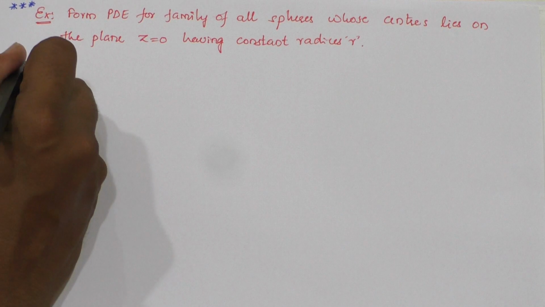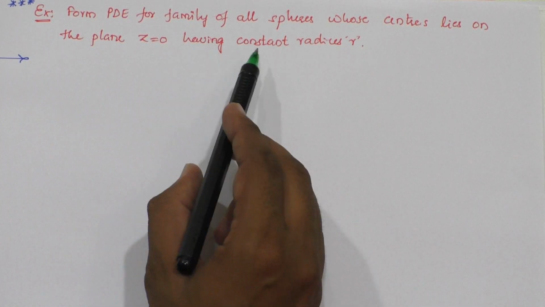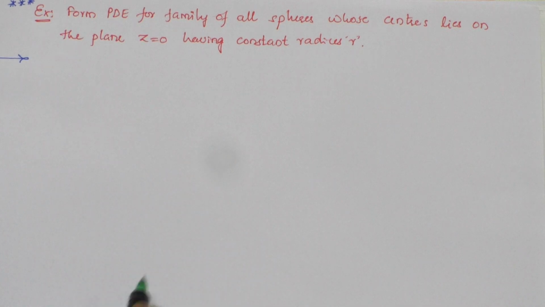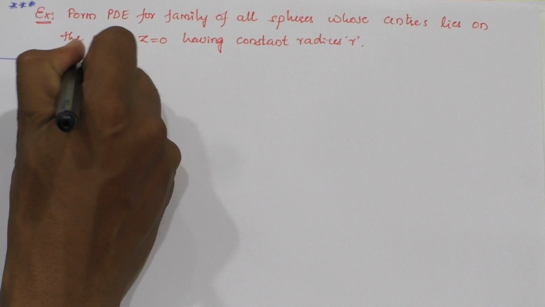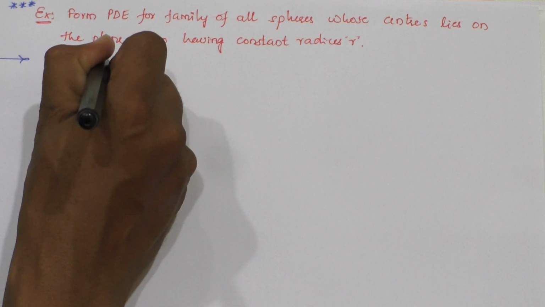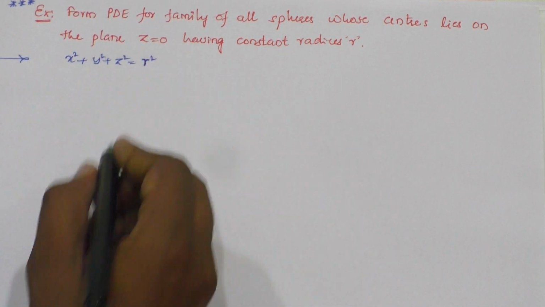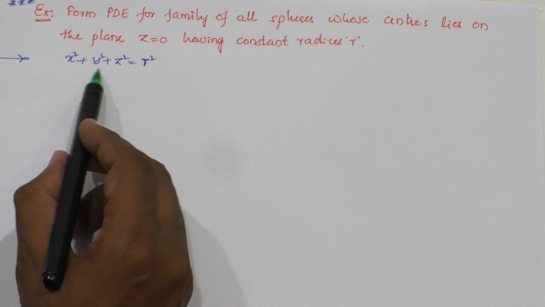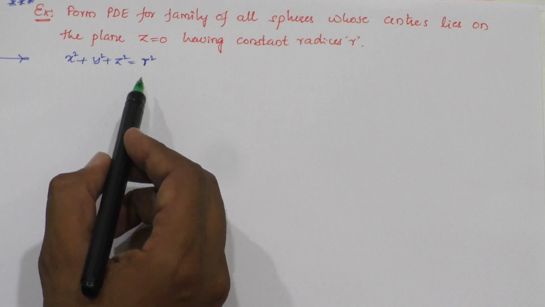So now, before going to solve this problem, first identify the equation of the family of all spheres. The sphere equation is x square plus y square plus z square equal to r square, if it is the equation of a sphere whose center is at the origin with radius r.